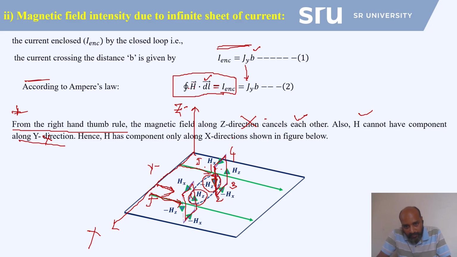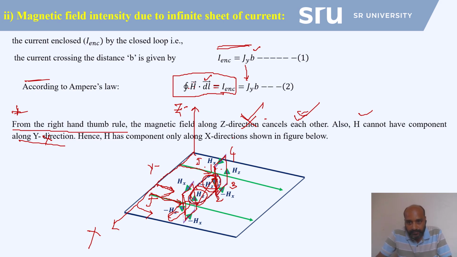So what will happen? Both these components will cancel each other. Similarly, this downward direction hz, if you consider one more current, that will be cancelled with the adjacent. So everywhere the magnetic field intensity along the z direction cancels each other. So there will be no magnetic field along the z direction, right?